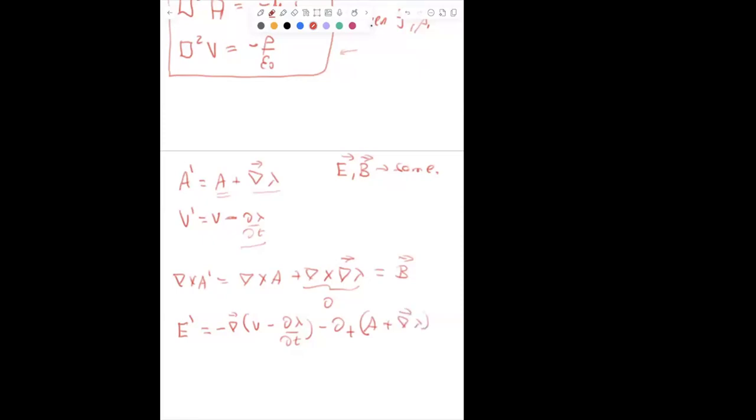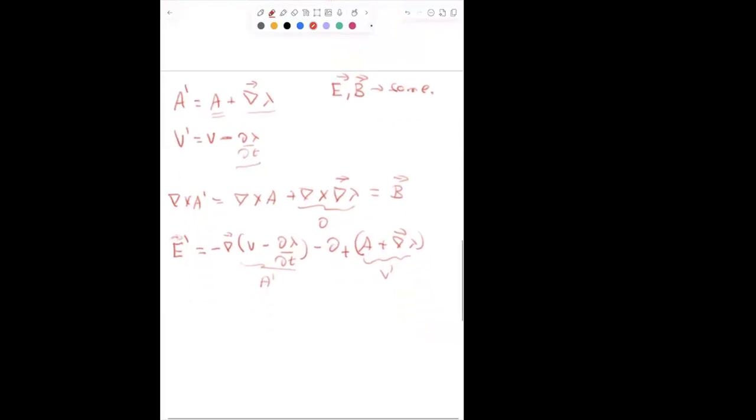I'm just plugging in the definitions. Here you see the definition of A prime, and this is the definition of V prime that we had above. And this is just the definition of E in the tag reference frame, in the tag gauge.